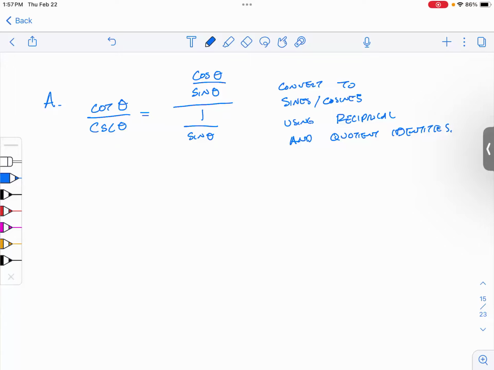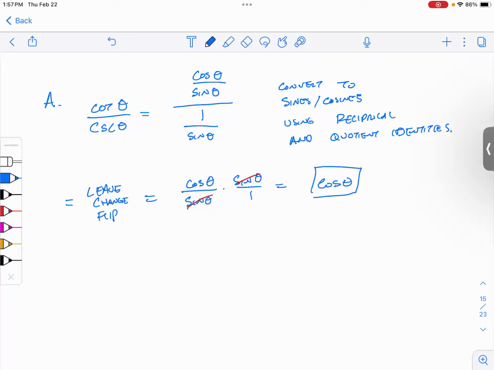Now, those happen to be pretty common ones, but just as an FYI. All right, then we're going to leave it, change it, flip it. Oh man, look at that beautifulness right there. And so something that looked initially more complicated simplified to simply just cosine.